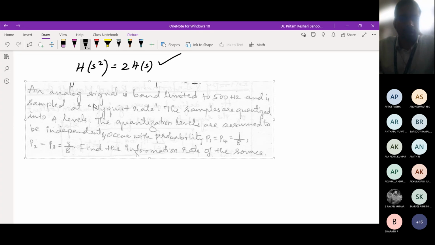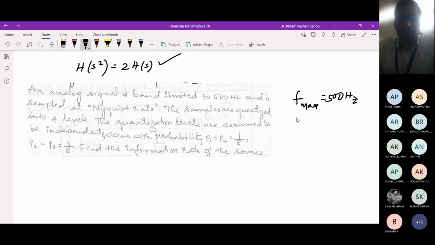Question given: an analog signal is band limited to 500 Hz. Band limited means the maximum frequency f max is equal to 500 Hz. And it is sampled at Nyquist rate.